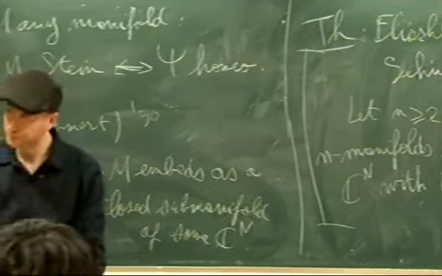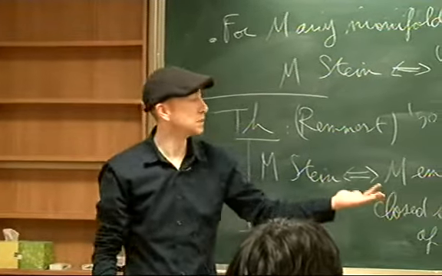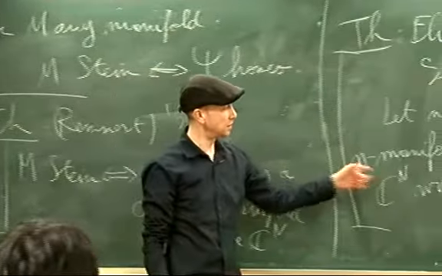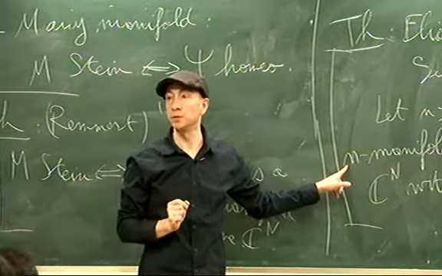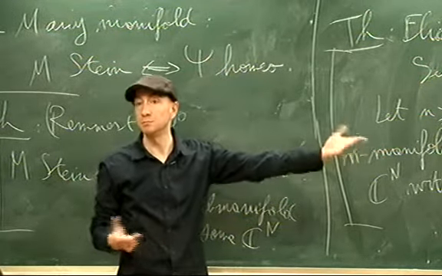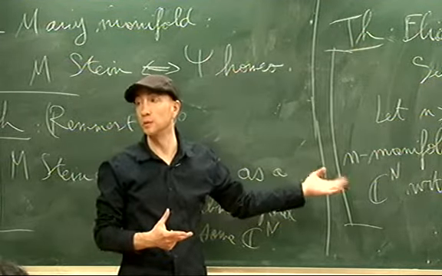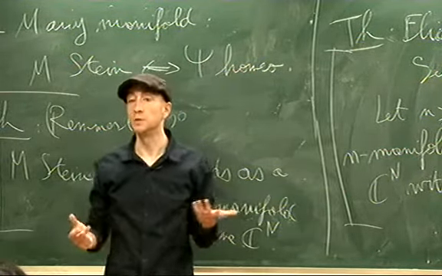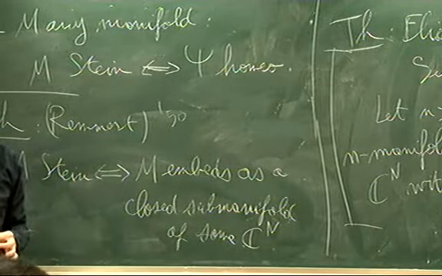You mean this capital N can be less than that? Yes. This one is optimal if you consider the problem of embedding all manifolds. But if you restrict to a very simple manifold such as the ball, then you can definitely hope to do better. And the optimal bound is not known. So why is this optimal?